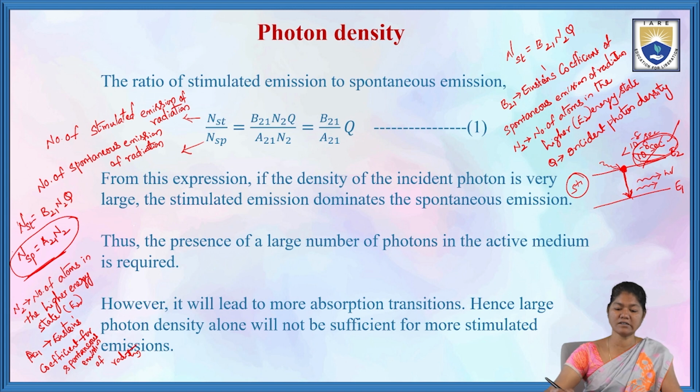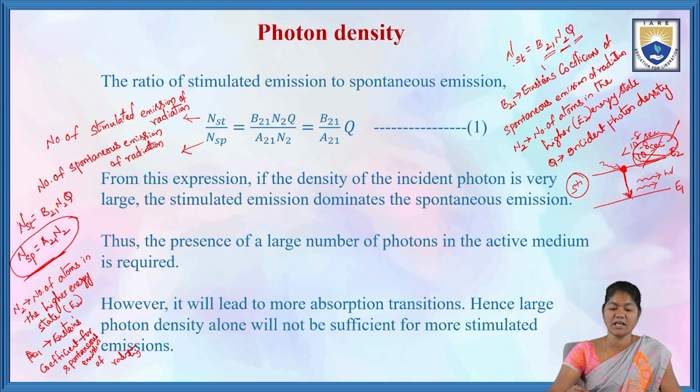The number of stimulated emissions depends upon the number of transitions, the number of atoms in the higher energy state, and the incident photon density, the number of incident photons.